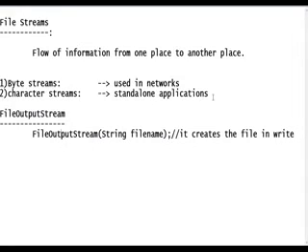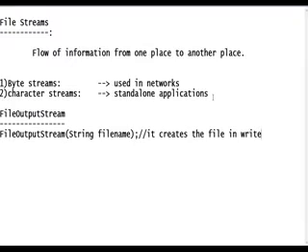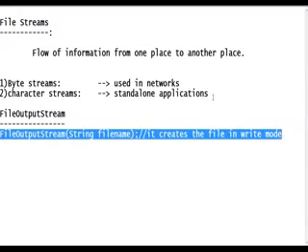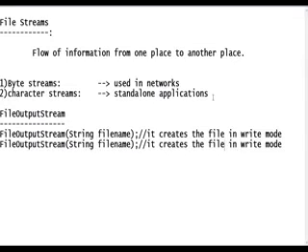And we have one more constructor with a boolean parameter: string file name comma boolean parameter. What is the boolean parameter? If you pass true or false value, it works as append mode. And we also have other constructors. What are the other constructors?